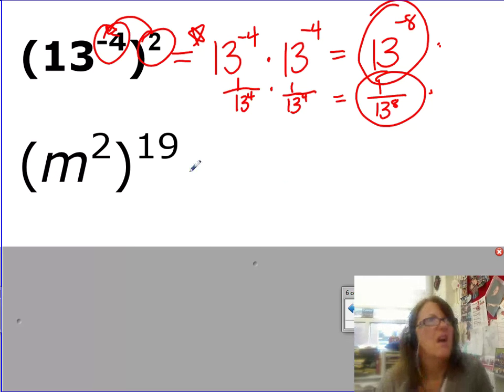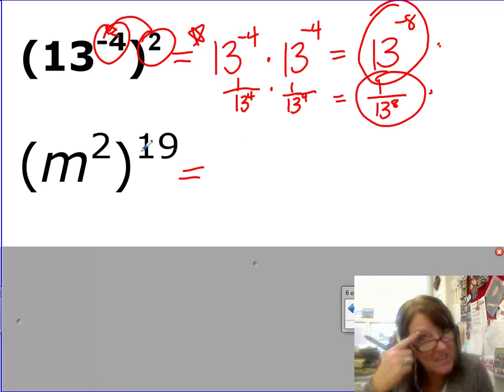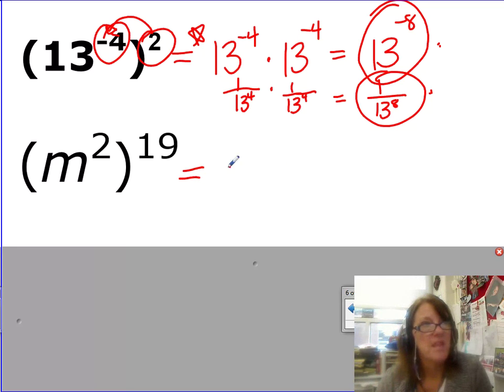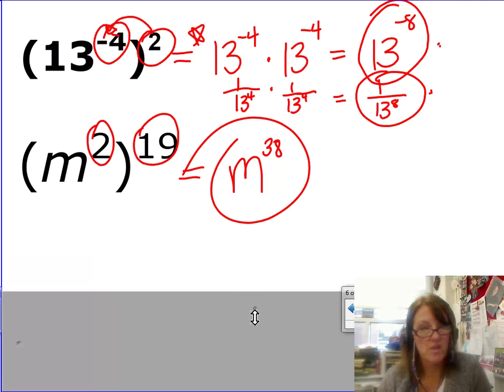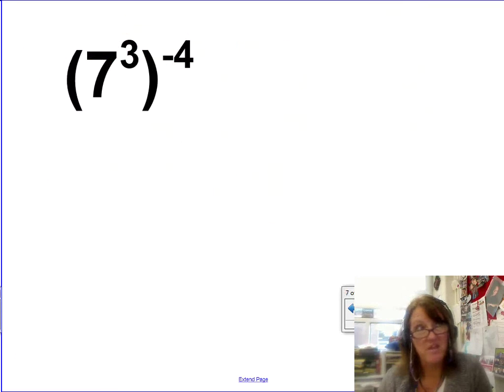I really swear I have better things to do, and I get it. I get the pattern. Multiply your exponents. So take 2 times 19. If you can do it in your head, that's 38. Boom. That's a whole lot of multiplying, which is why I'm very glad we've recognized the pattern.